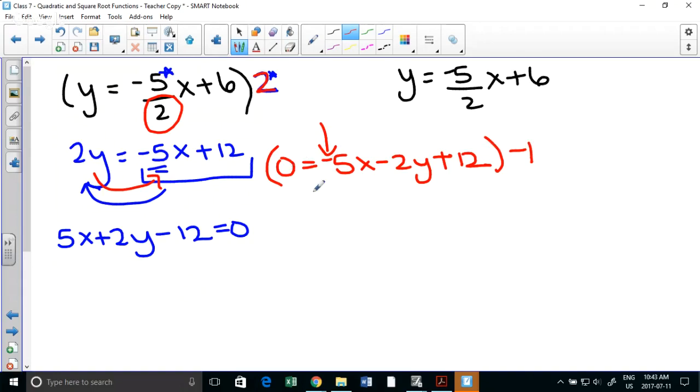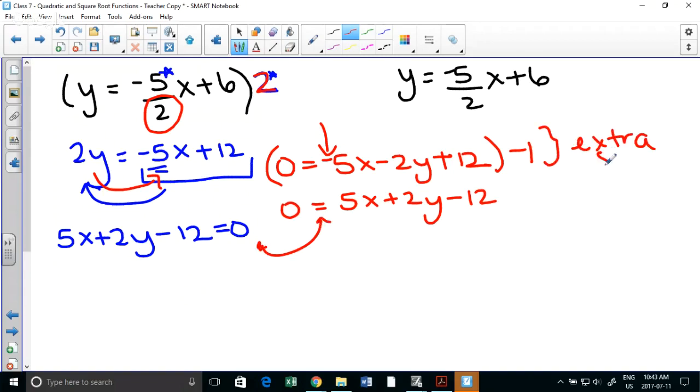So 0 times -1 is 0. -5 times -1 is 5. -2 times -1 is 2. And -1 times 12 is -12. In the end, you get to the same thing, but this is an added step that you avoid if you're strategic about which way you're moving these things around.